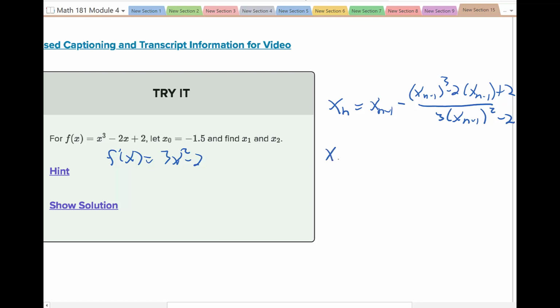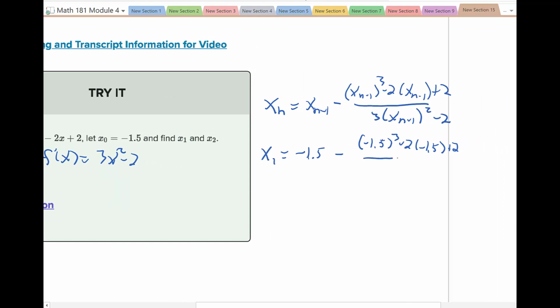So my x sub 1 is going to be that x sub 0, which is negative 1.5, minus negative 1.5 cubed, minus 2 times negative 1.5, plus 2, over 3 times negative 1.5 squared minus 2. I'm going to get out of the screen, sorry about that. So x sub 1 would end up being negative 1.842105263.